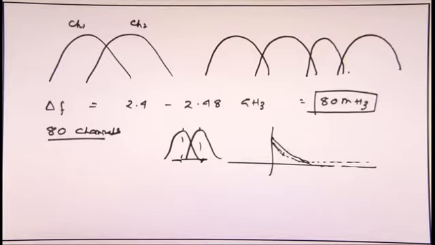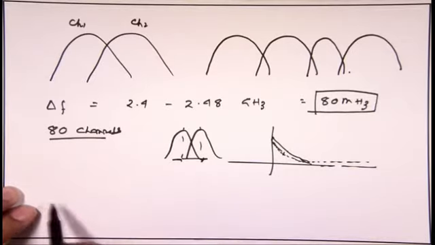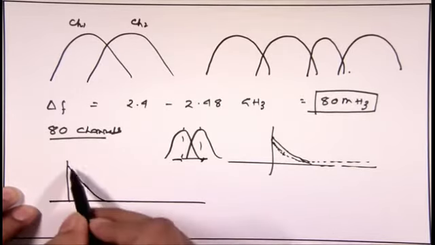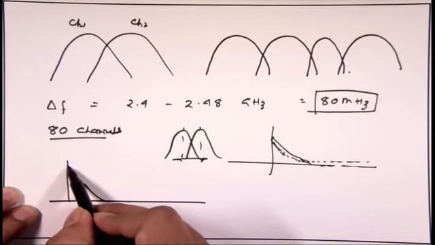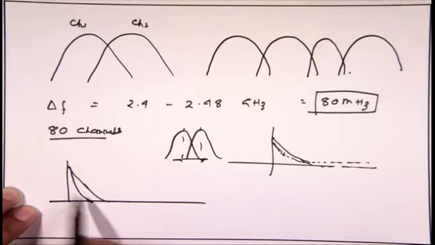So now think of a situation: what will be your noise characteristics? Suppose this is your signal, and if my noise characteristic is dropping in this fashion, then I am done. That is my carrier frequency 2.4 gigahertz, and that is my offset.